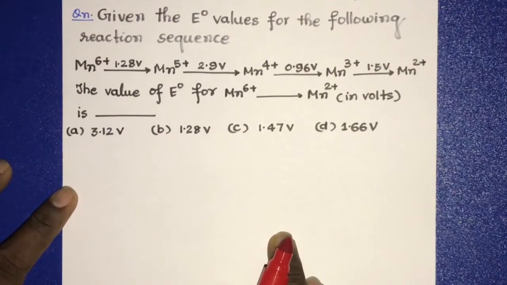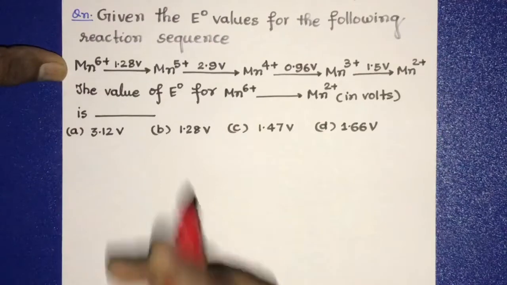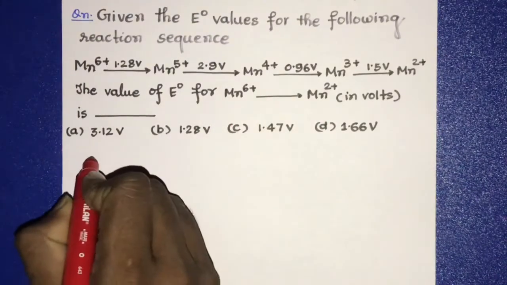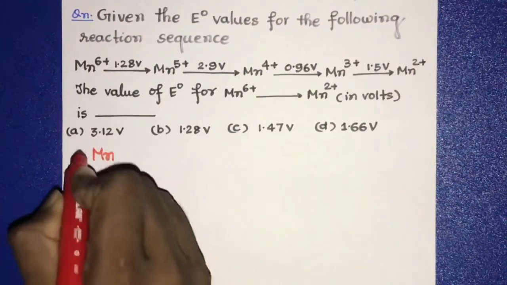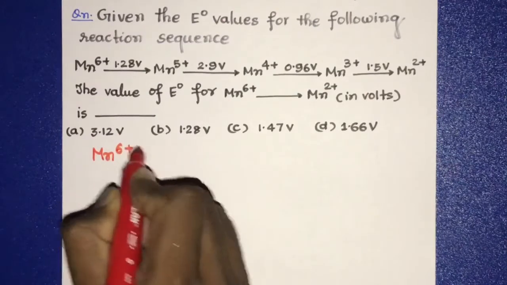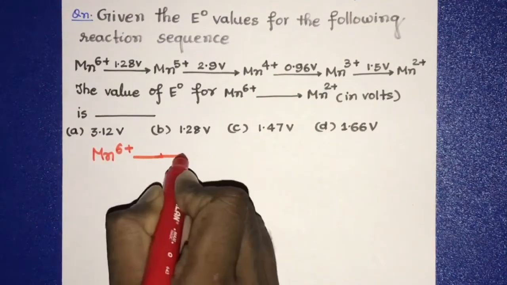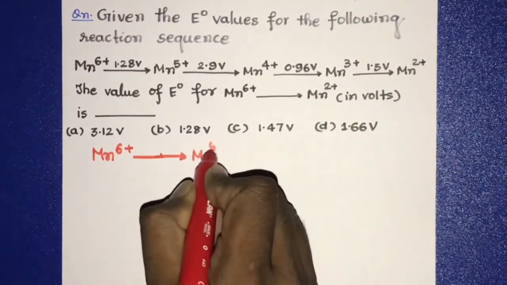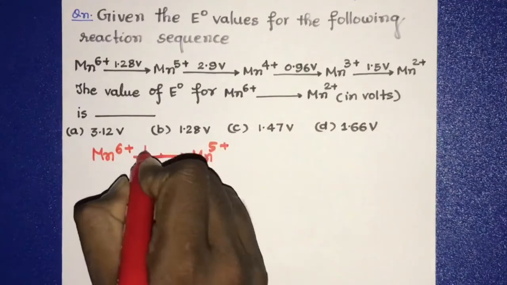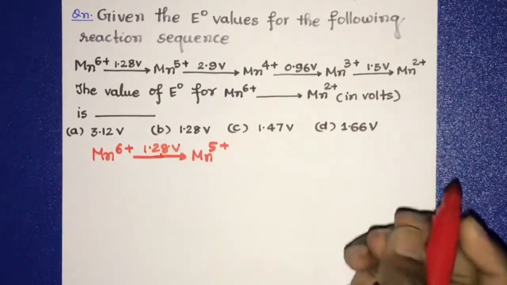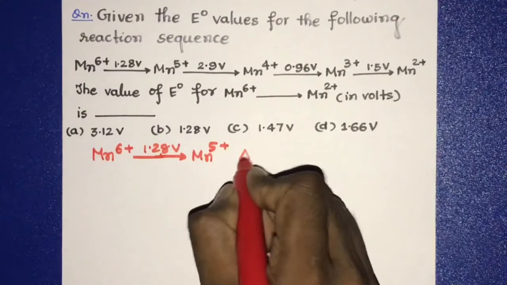Okay, so let's see. First is Mn6 plus to Mn5 plus, that is 1.28 volt. So what is the delta G naught?